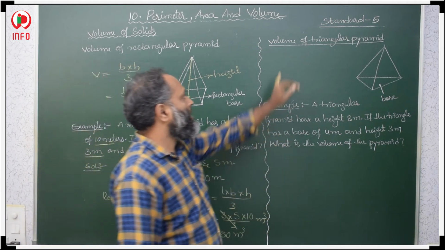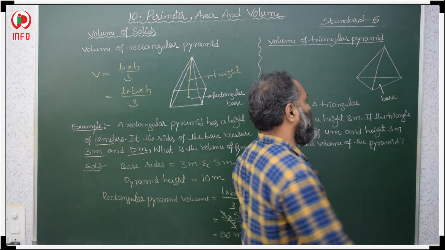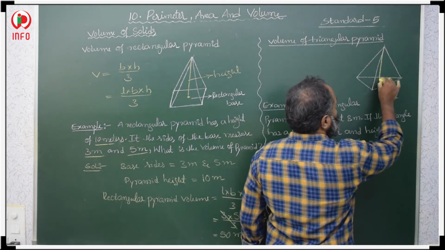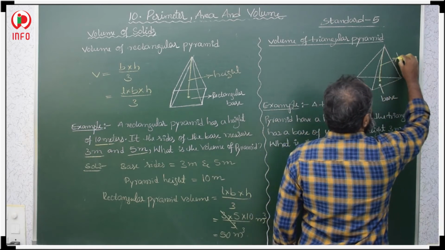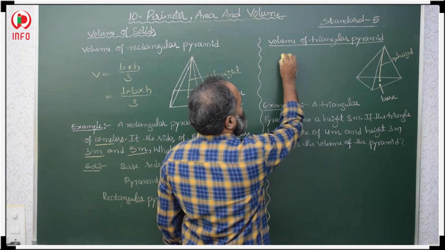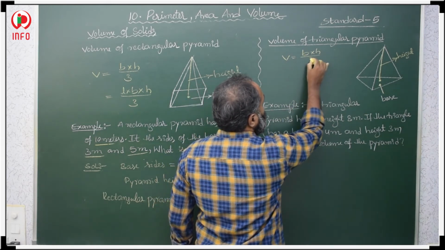Now next, volume of a triangular pyramid. So the base is in triangular shape and this is the height. Then what is the volume? That is base area into height by 3.